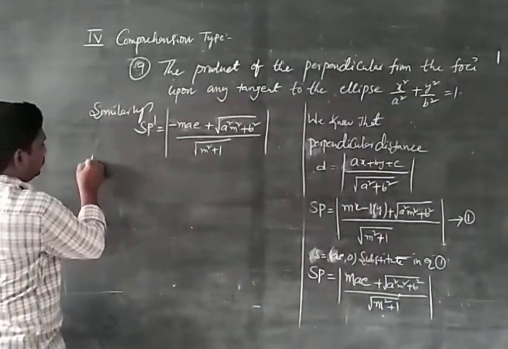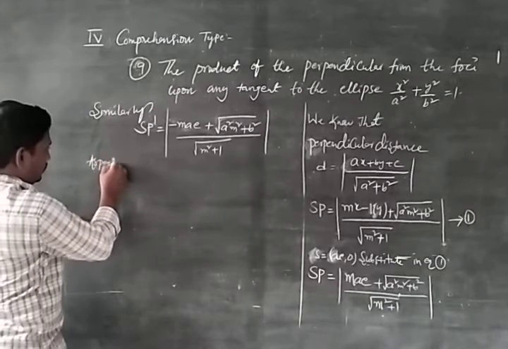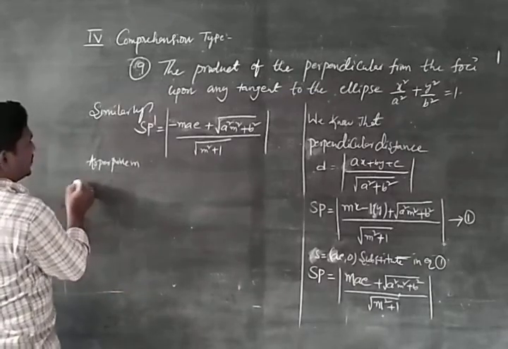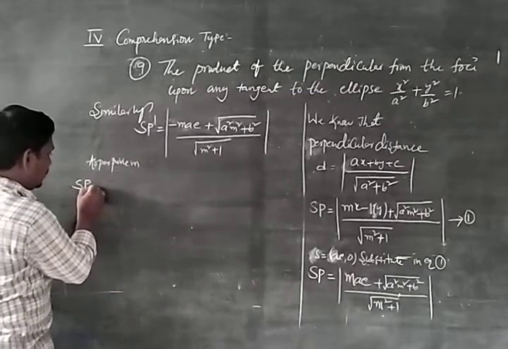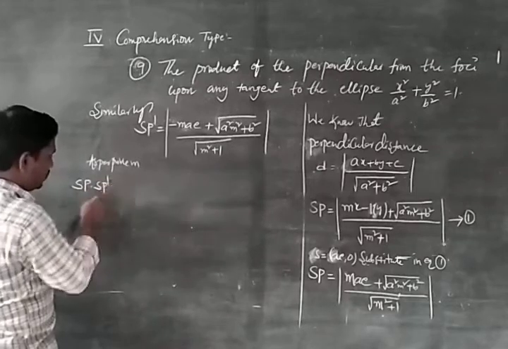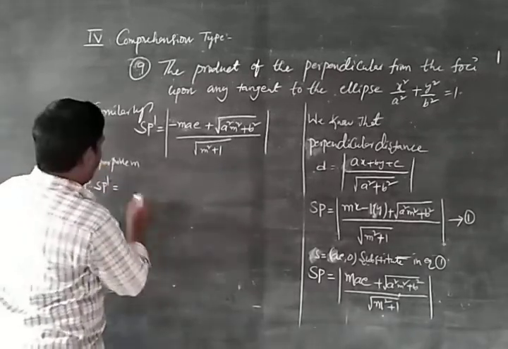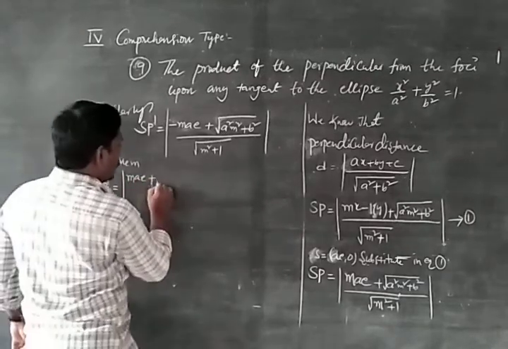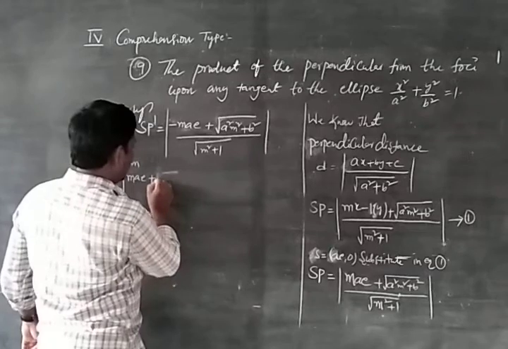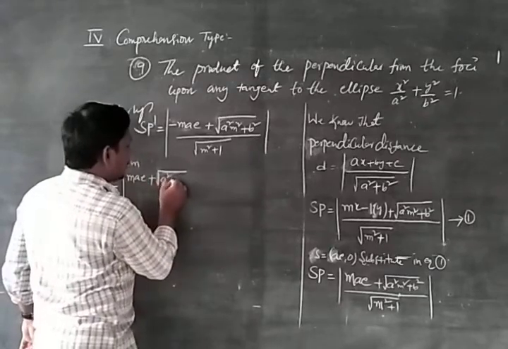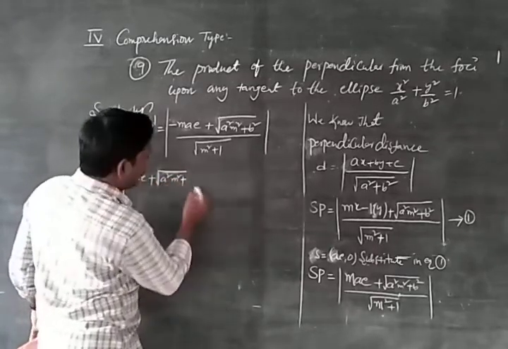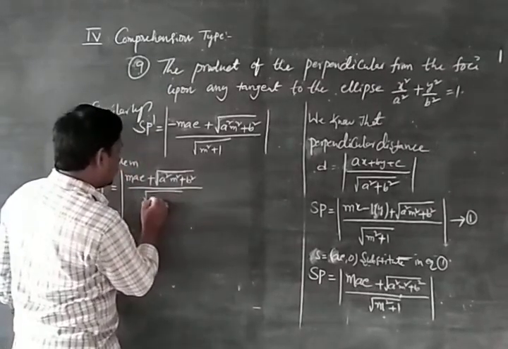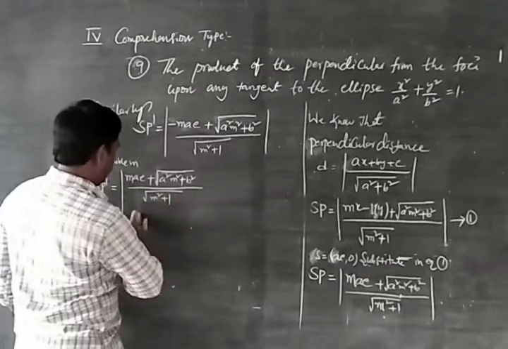As per the problem, SP into SP dash equal to mod of mae plus root of a square m square plus b square by root of m square plus 1.